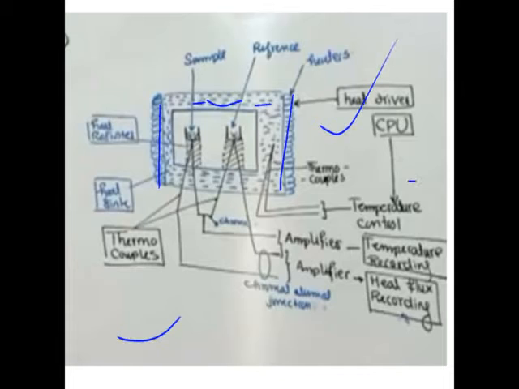A temperature controller is there, and this temperature control can be done with the help of a computer, a CPU. So with the driver or CPU, we set the rate of heat that is provided to the sample and reference.